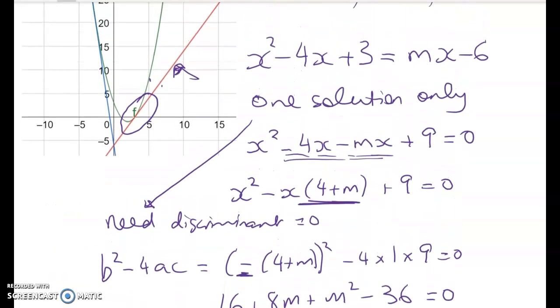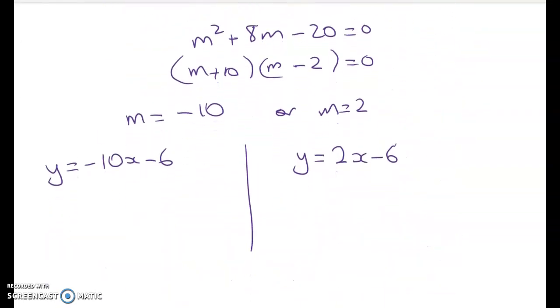Now we still need the coordinates for those. You can see them because I've done a really lovely GeoGebra graph. But if you can't see them, then you have to go back and solve. But you end up with a really easy quadratic. So lots and lots of quadratics in this exam paper.